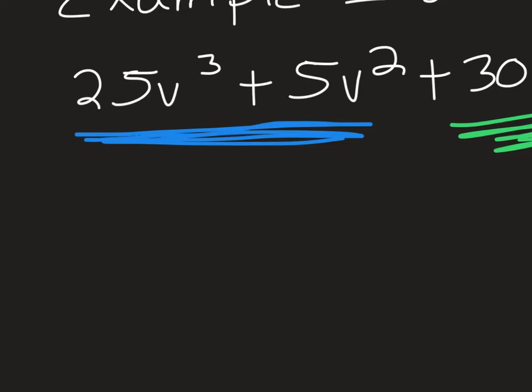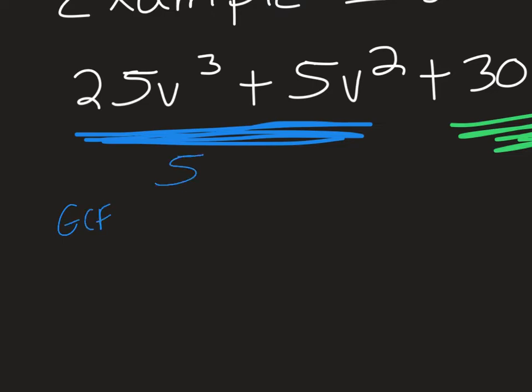I'm going to look at the first group, and I'm going to pay attention to the coefficients. I noticed that 25 and 5 are both divisible by 5. I can divide both of them by 5, so the numerical portion of the GCF is going to be a 5.